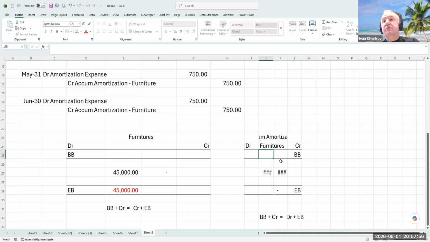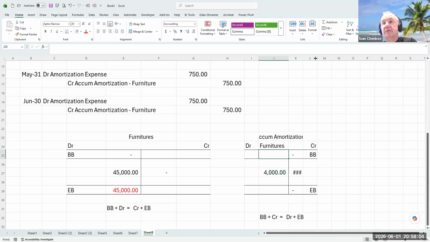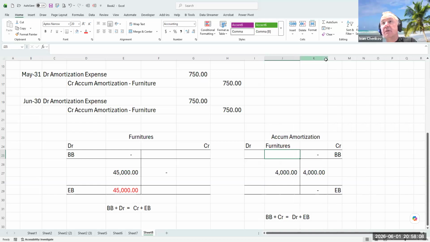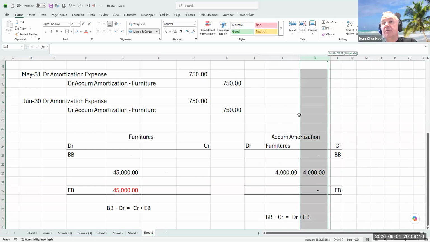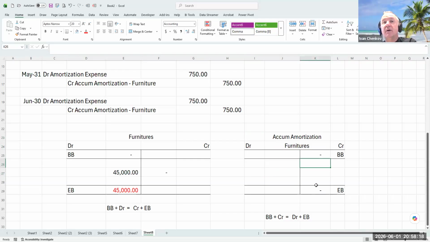Those accounts are always going to go side by side until the furnitures exist in our business. Once we amortize the furnitures, this account and the furnitures will disappear together, but you're going to see this in 1210. So in the meantime, we're going to keep track of all the accumulated amortization that we create.